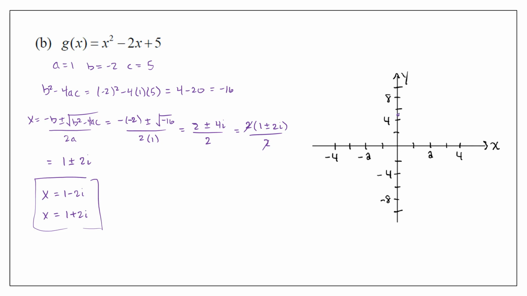So that would be right here. So it goes 1, 2, 4, 6, 8. Yeah. All right. What else? Let's plug in some other numbers. So we can plug in 1. That's 1 squared minus 2 times 1 plus 5. So it's 1 minus 2 plus 5.